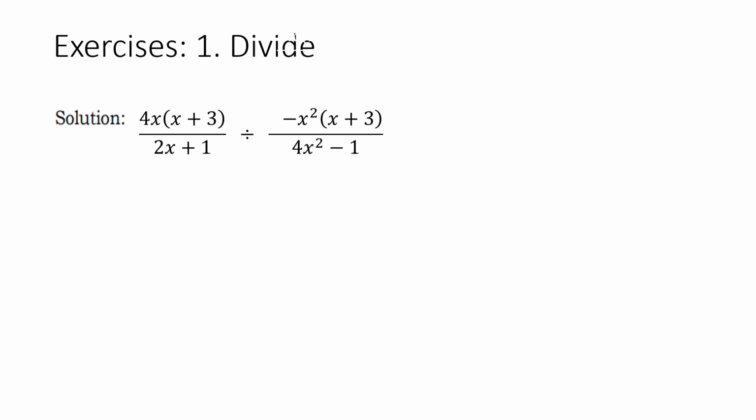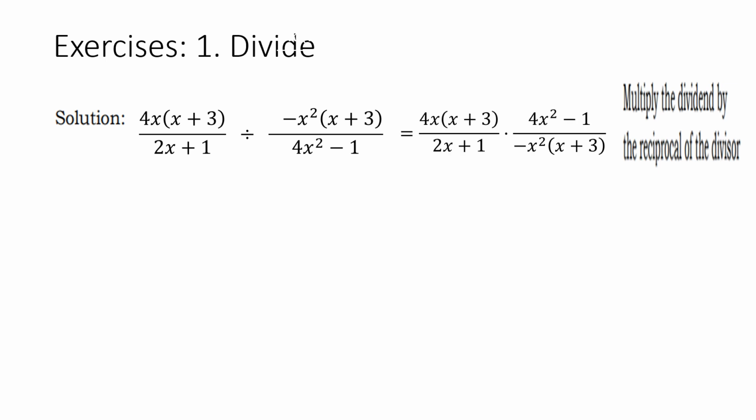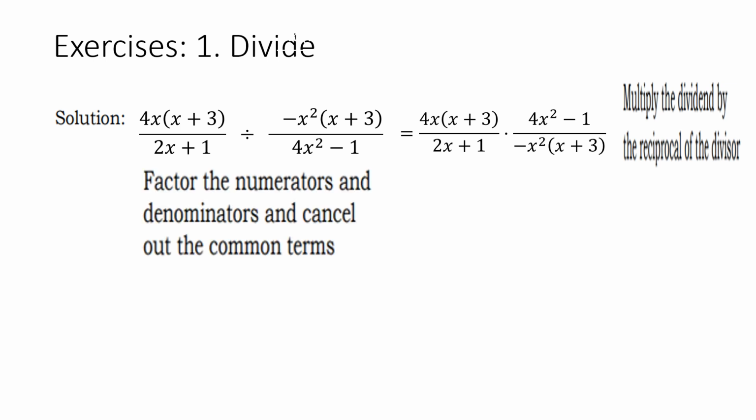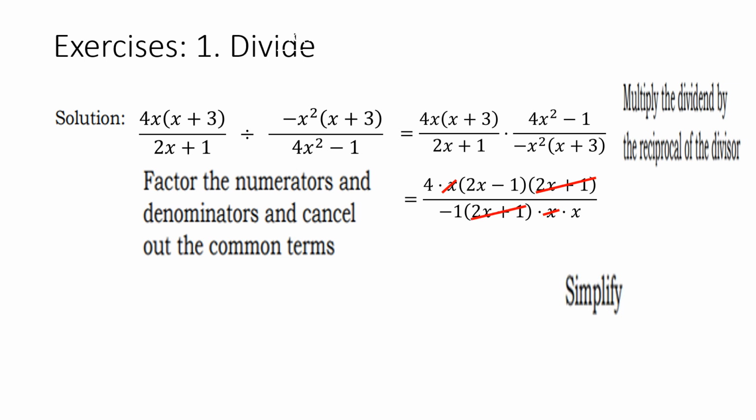Let's now compare. So we need to multiply the dividend by the reciprocal of the divisor. And after that, we're going to factor our numerators and denominators, then cancel out the common terms. And we're going to simplify what is left in our numerator and denominator.